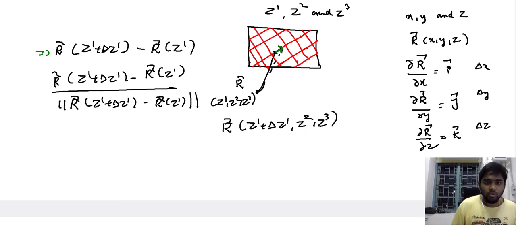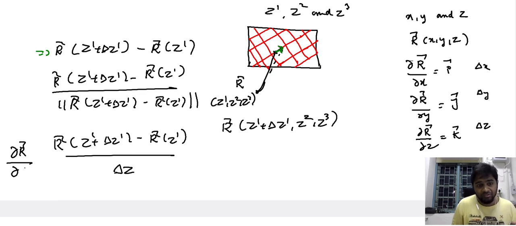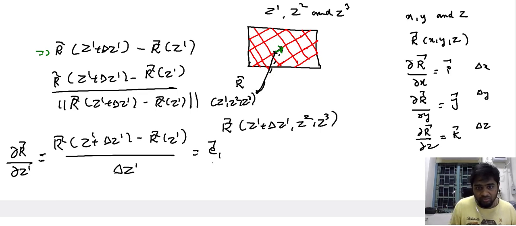When we do that, since the magnitude of the difference between the two vectors is delta z1, the denominator translates to delta z1, and this is nothing but the partial derivative of the position vector with respect to the coordinate z1. This is the unit vector pointing along the z1 direction, E1 vector.